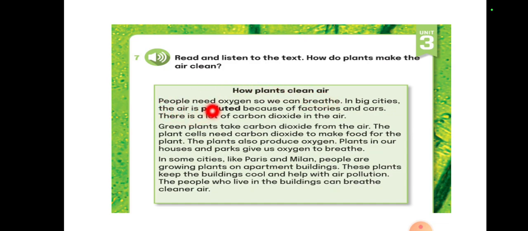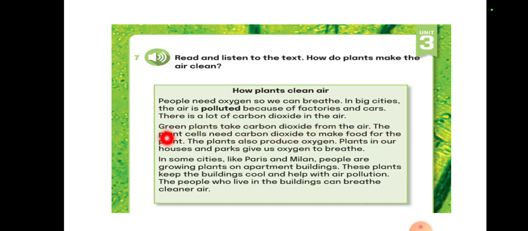People need oxygen so we can breathe. In big cities, the air is polluted because of factories and cars. There is a lot of carbon dioxide in the air. Green plants take carbon dioxide from the air.